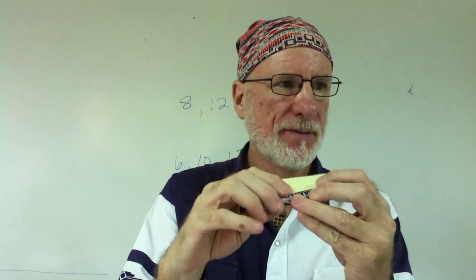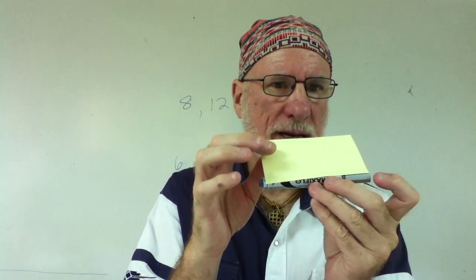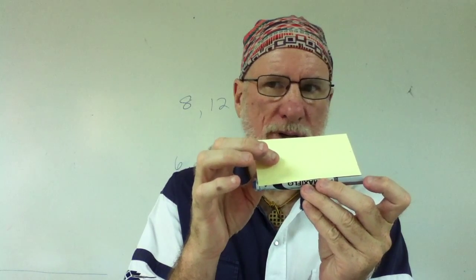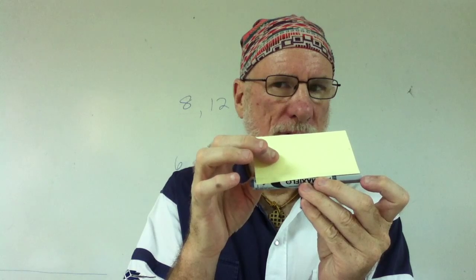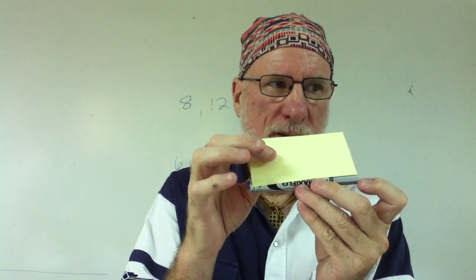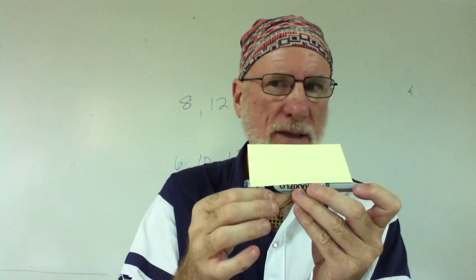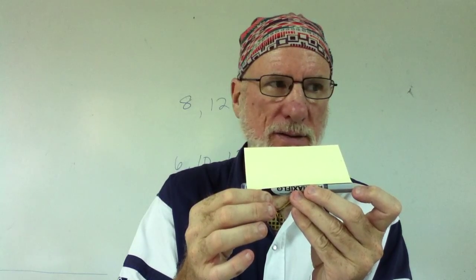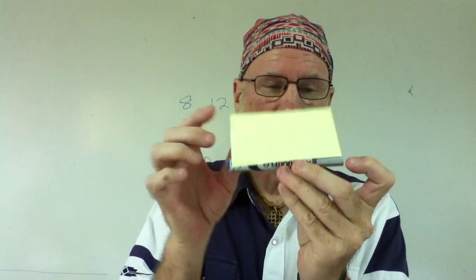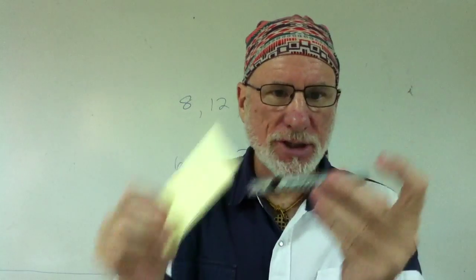I have that. Are the sum of the two shorter sides longer or shorter than the longest side? Look at it. This is the sum of the two sides. This is the longest side. Is the sum of the two sides longer or shorter than the largest side?